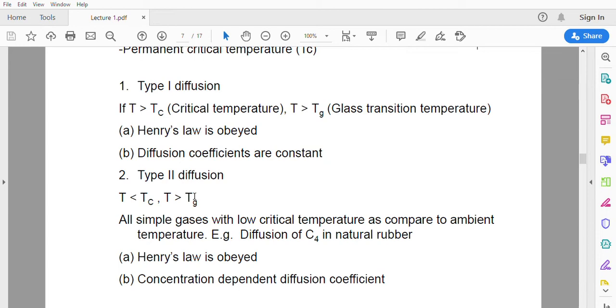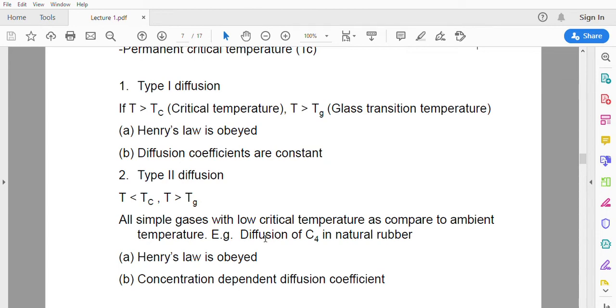For example, you want to separate higher molecular weight hydrocarbons like butane from pentane, or butane from butene. These gases at room temperature are below their critical temperatures. If you compress butane, it will become liquid. If you compress pentane, or propane, it will become liquid.